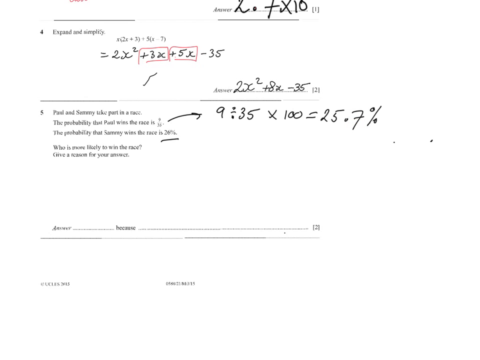So my answer is going to be Sammy. What I should be writing down is because the chance that she wins is 26%, which is greater than the 25.7% of Paul to win the race.